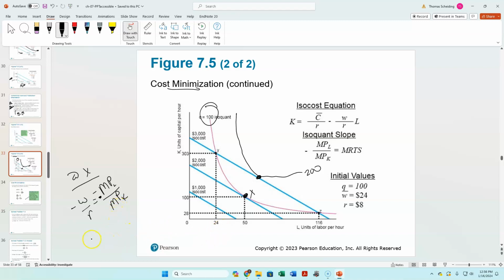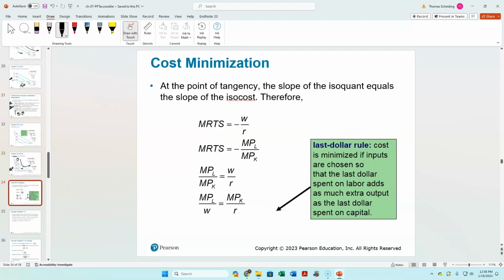Or to put it another way, the slope of the iso-cost line is equal to the slope of the isoquant. And you could rephrase that as our third method, the last dollar rule, where we go straight to this equation and equate the marginal productivity per dollar spent on each of the two inputs. And we'll do some problems related to this.